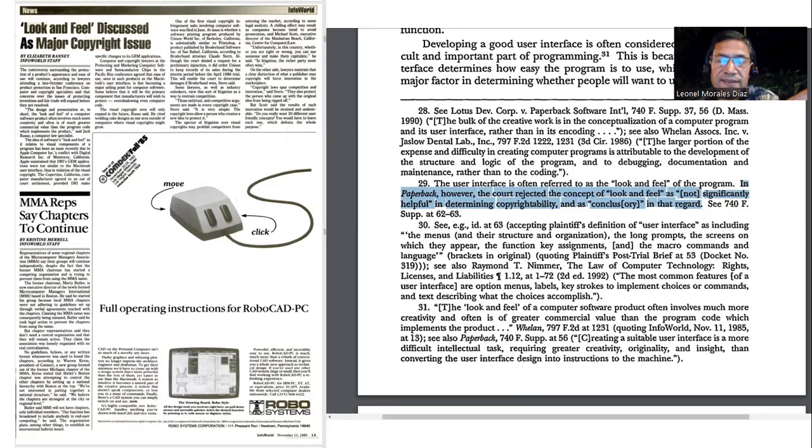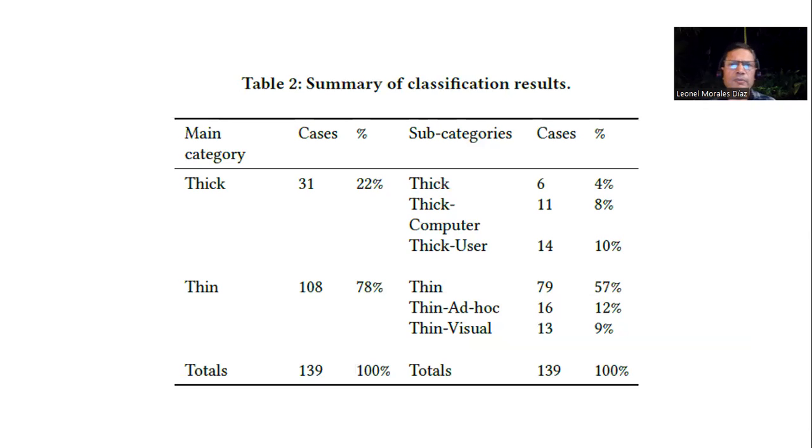But in a case for intellectual property rights, a court dismissed the idea of look and feel, because it was not significantly helpful to determine copyright in a case. So the idea of look and feel was very popular in the 80s and 90s, but it doesn't help much for the case. In summary, this table can be found in the paper.